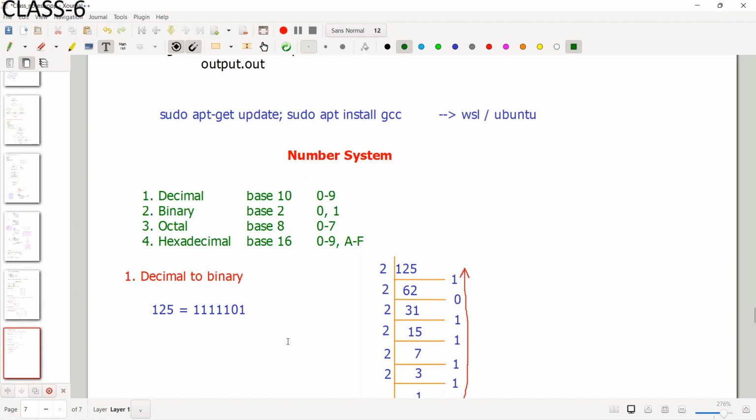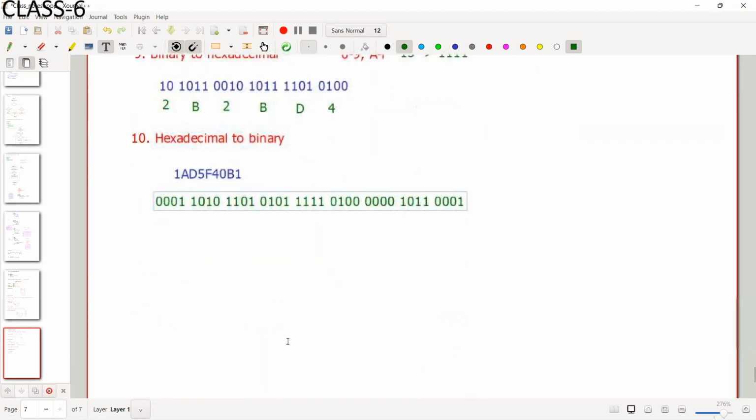So remember, there is no direct conversion from octal to hexadecimal and hexadecimal to octal. So we have to convert either to the decimal or to the binary. I told you if the binary is there, it's easy to convert. So whichever is the number, octal or hexadecimal, first we will convert that to the binary.